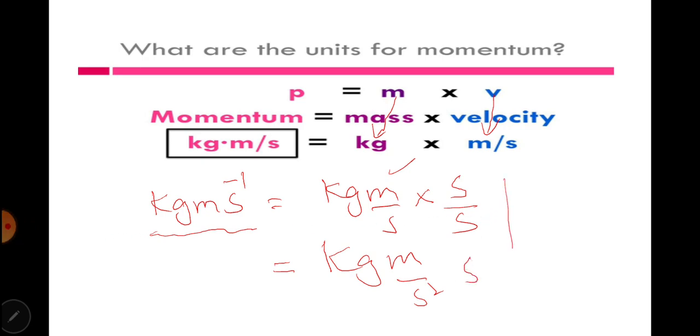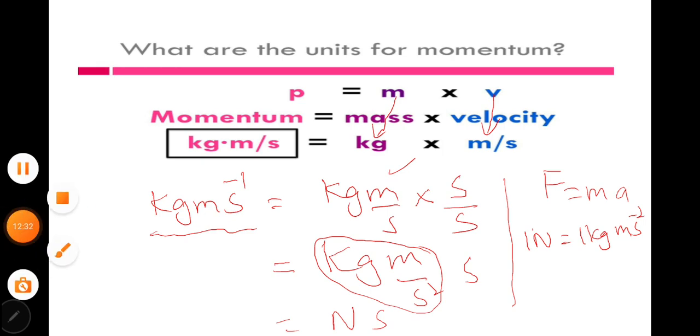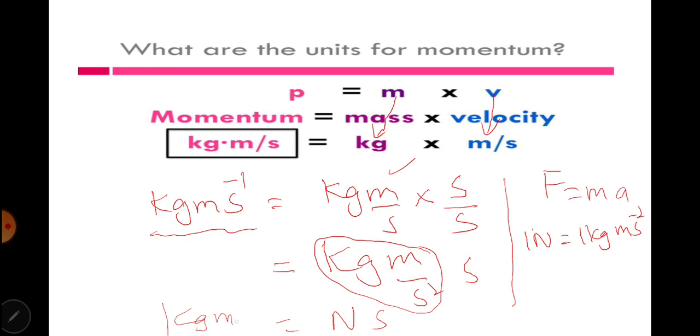As we know that F is equal to ma, 1 Newton is equal to 1 kilogram meter per second square. So here we write Newton second. So the unit of momentum is kilogram meter per second, which is equal to Newton second.